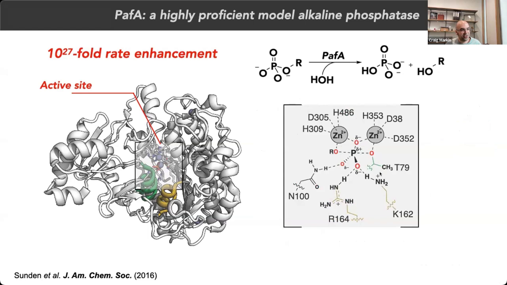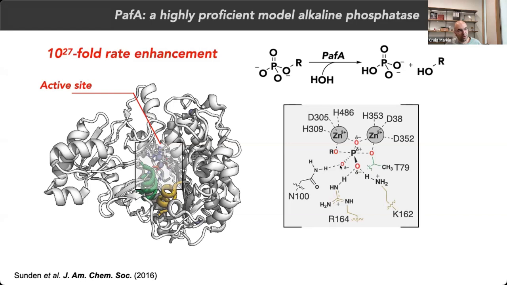The key features to note are that there's this threonine nucleophile, T79 in green, and this sits at the N-terminus of this green helix here, which we call the nucleophile helix. And in the transition state, this is attacking or forming a bond with the phosphorus, and then an alcohol is leaving at the same time. Now, this transition state is stabilized by the 2 positively charged zinc ions, as well as these 3 residues here, N100, R164, and K162.